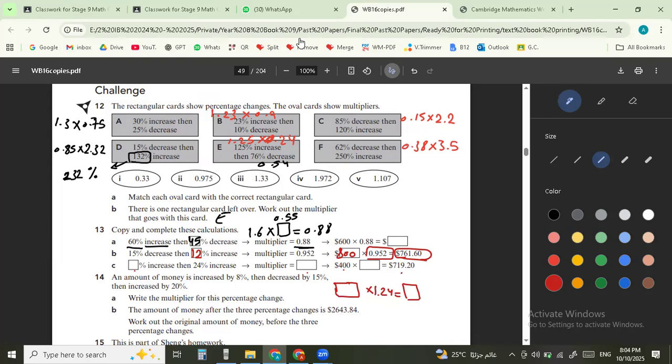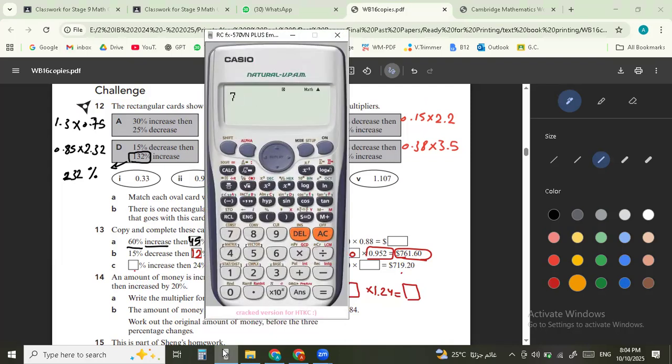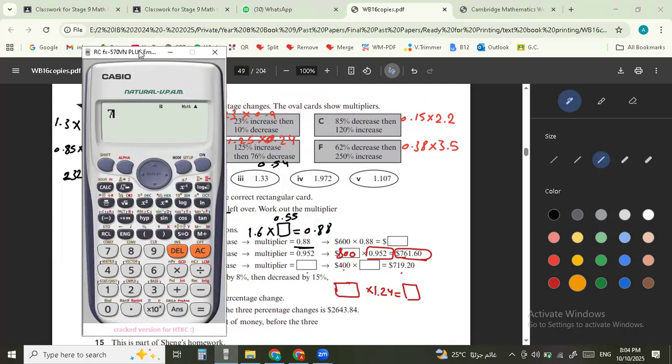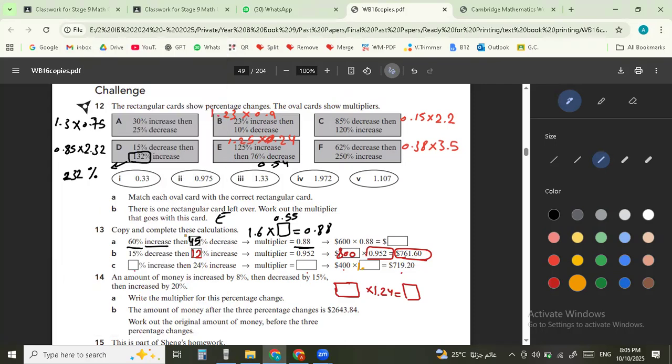I'm going to use a different color, orange, and let's use the calculator as well. 719.20 divided by 400 equals 1.798.